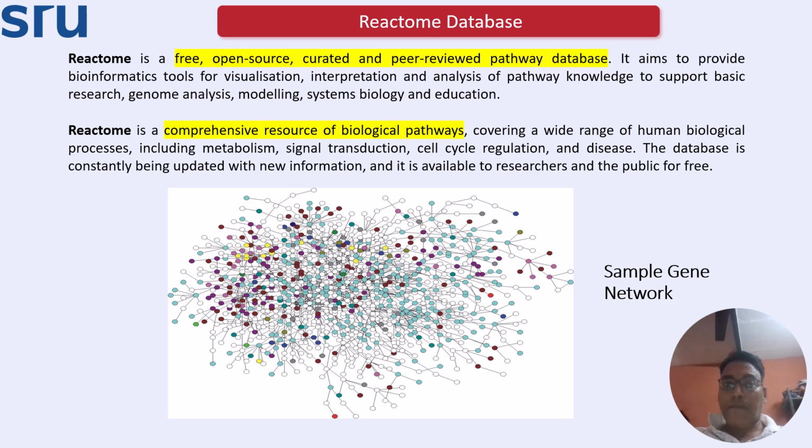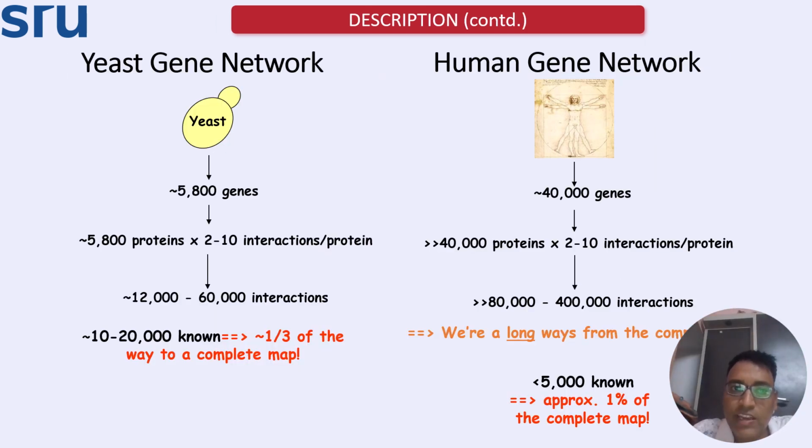All right. Now see, if I extend the discussion to, for example, the yeast and human gene networks. For yeast, nearly 5,800 genes are there. So if I'm considering one gene, one protein, it will come up to 5,800 proteins.